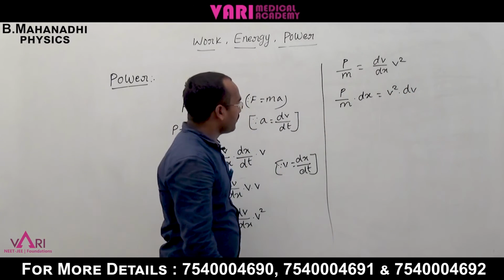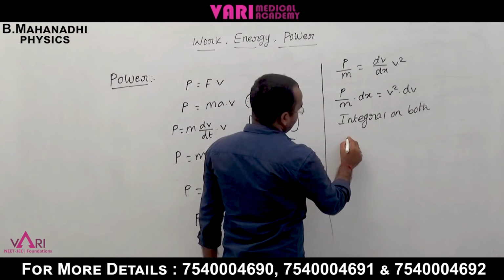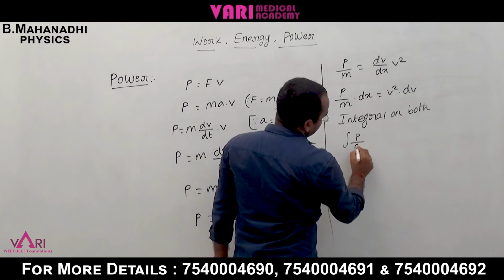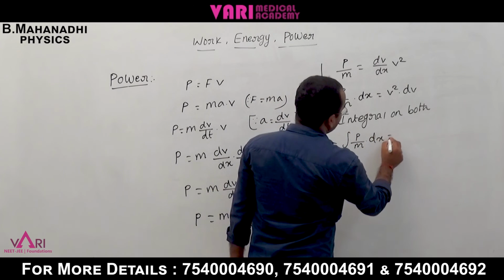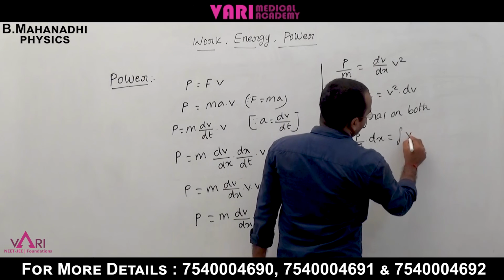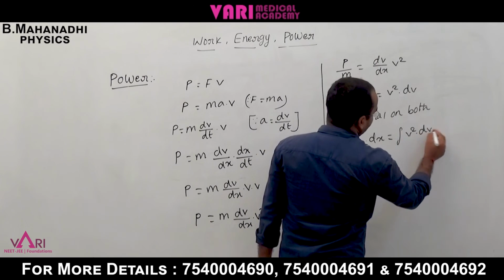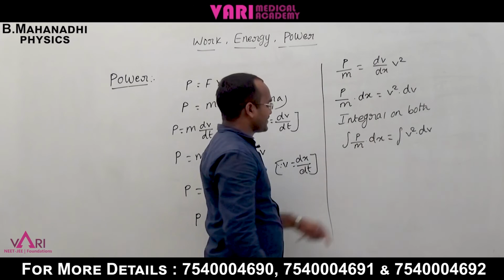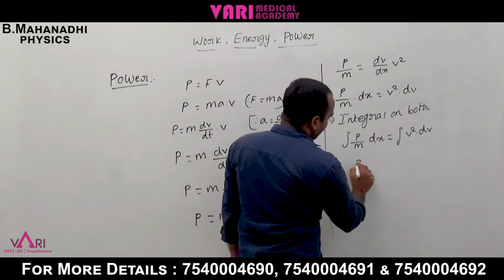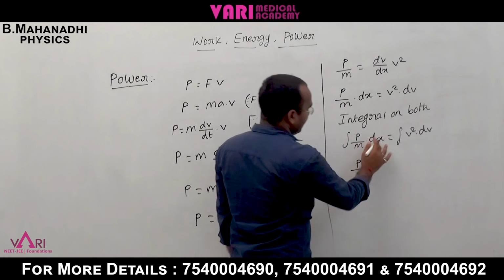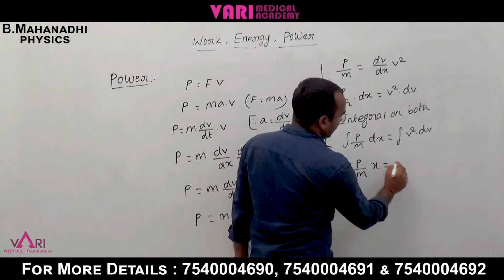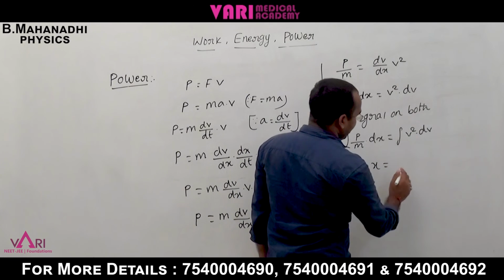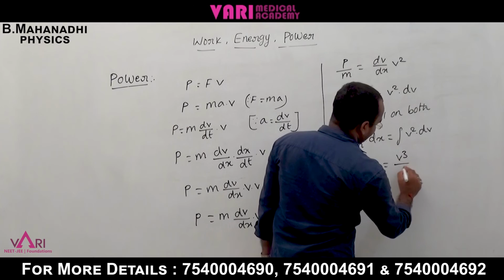Now integrate on both sides: integral of p by m into dx is equal to integral of v square into dv. Integral of dx, with p by m outside, is x. Integral of v square is v cube by 3.